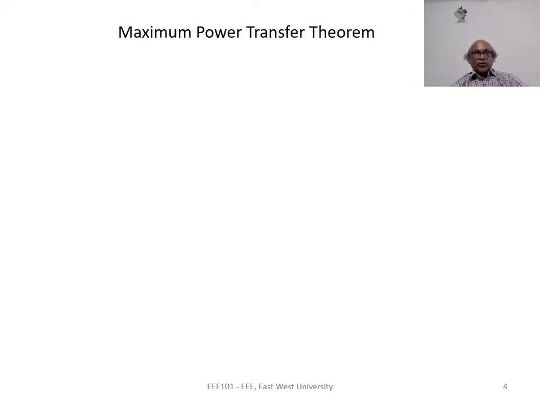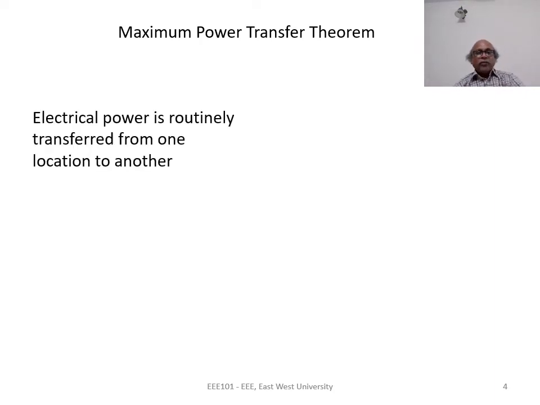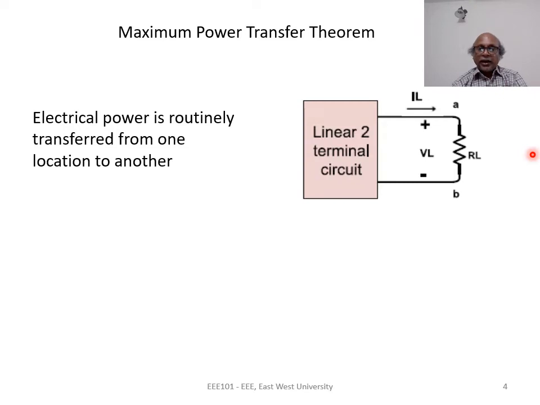Okay, now we move on to maximum power transfer theorem. In electrical engineering, we routinely transfer electric power from one location to another location. This schematic diagram describes the process in a very simple way. We have a linear two-terminal circuit and we have a load RL.